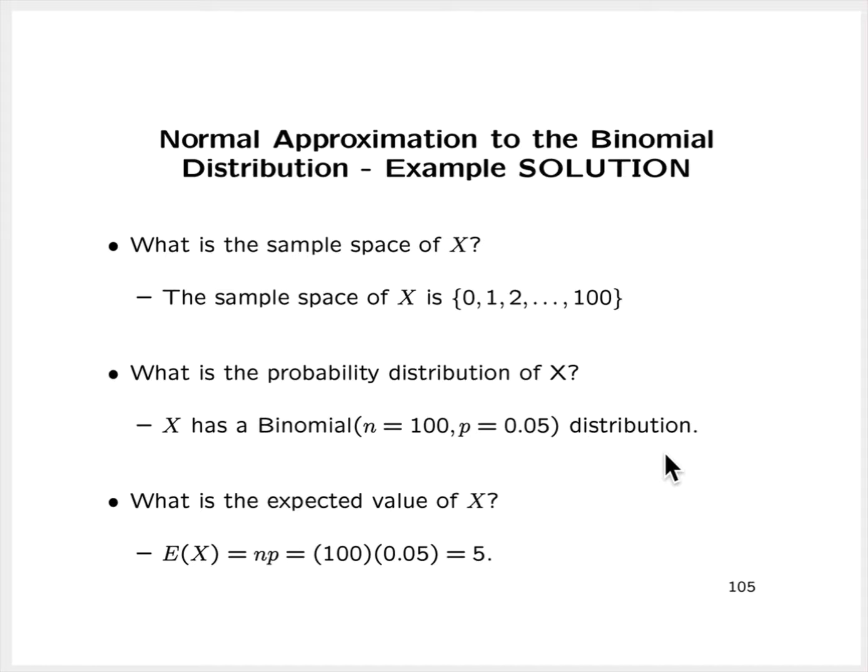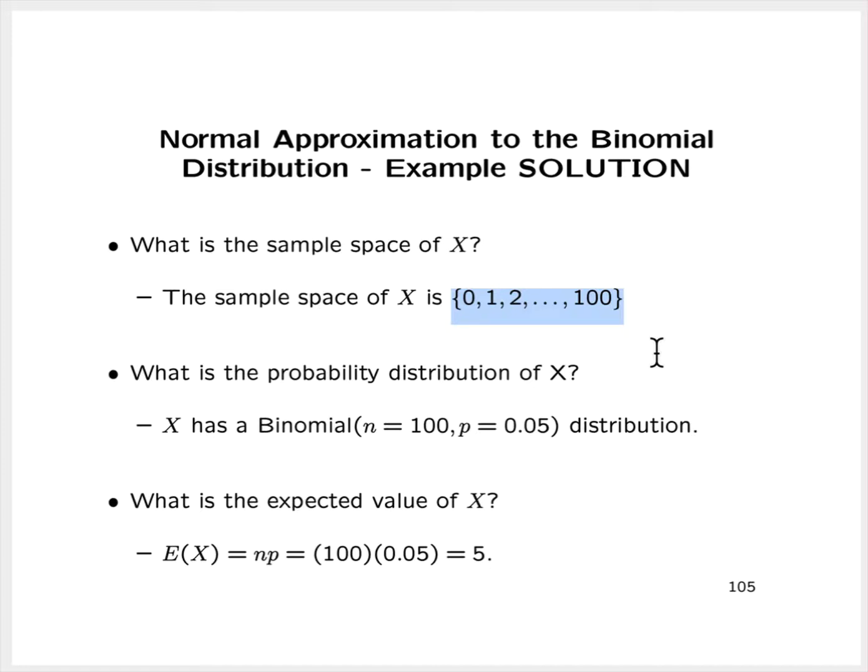X is the number of defective widgets in the sample, and so obviously we could get no defectives. We could get exactly one defective, or exactly two defectives, and so forth, up to every time we select a widget, we could get a defective. Okay, so the sample space of X is the set of integers from 0 up to 100.